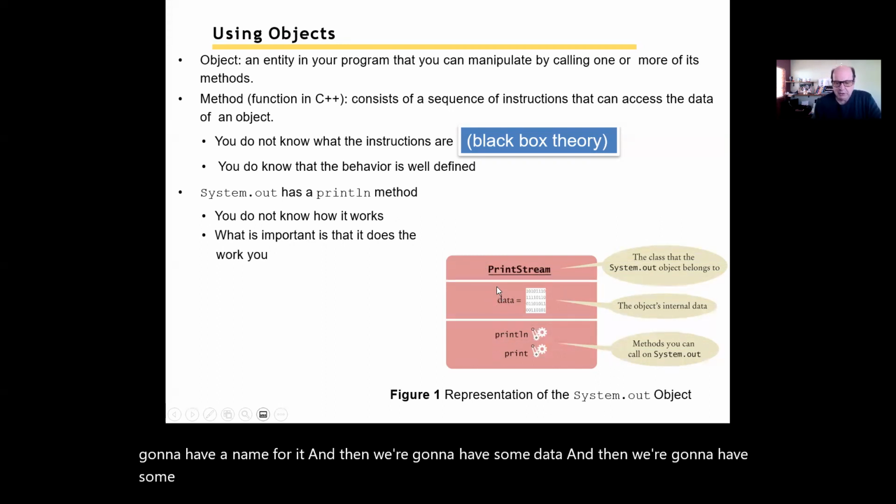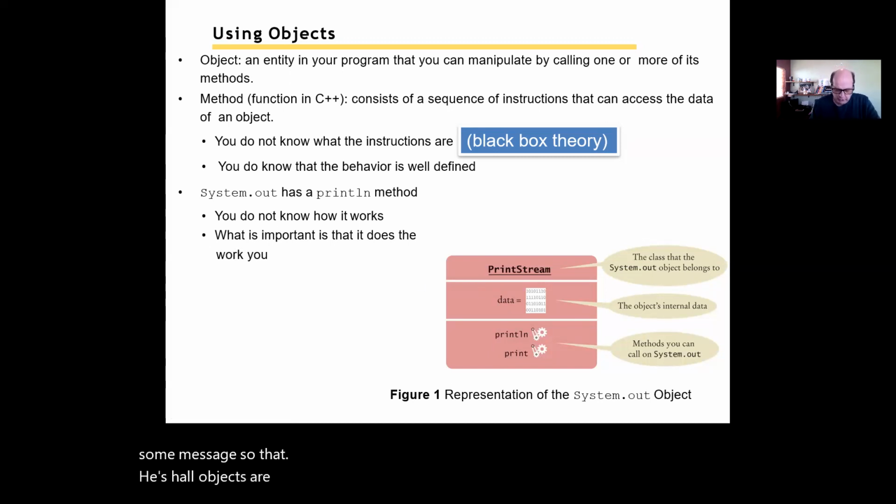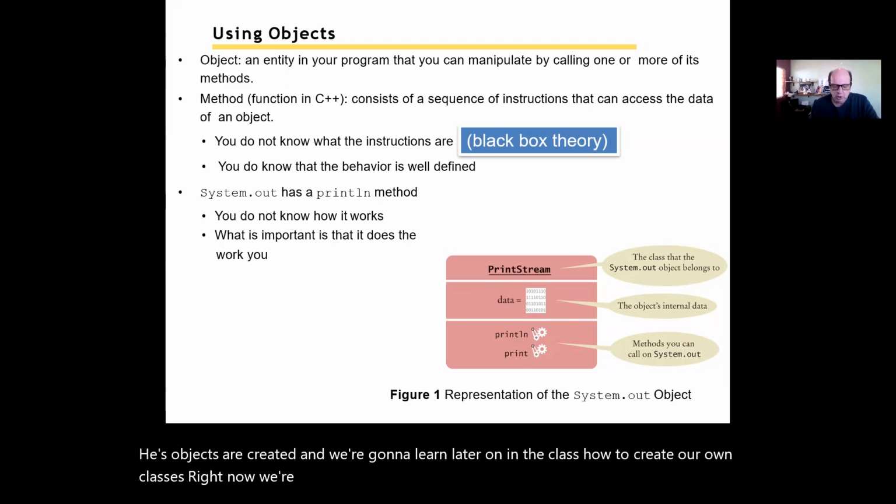So that is how objects are created. We're going to learn later in the class how to create our own classes. Right now, we're just going to use the classes that are available. Out of those classes, we're going to create objects, and then we're going to use the objects.